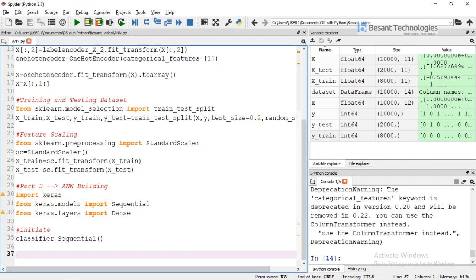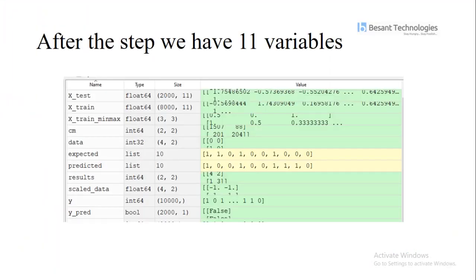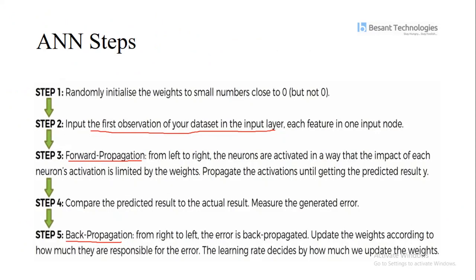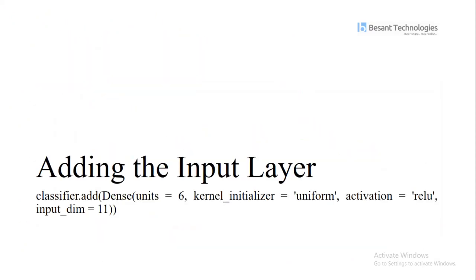Okay, it's done. Our next step is to start adding the input layers. Here we have all the 11 variables which we already prepared, and we are going to apply each and every step here. As in our theory concept, now we need to add our input layer and our first hidden layer.